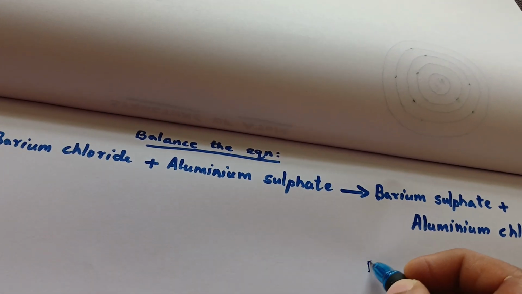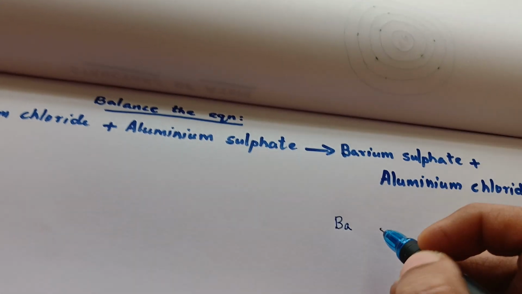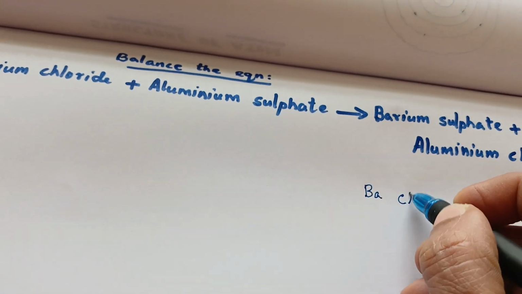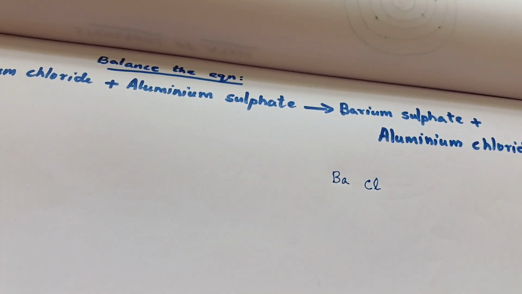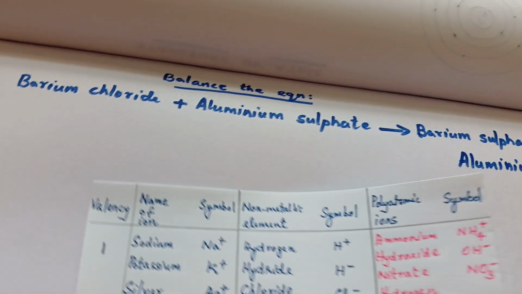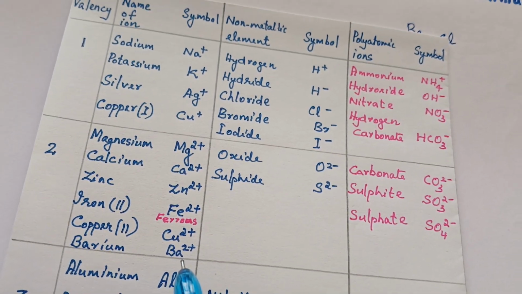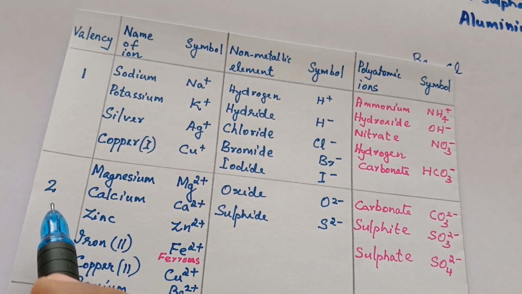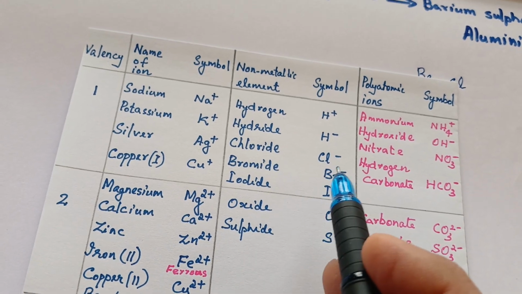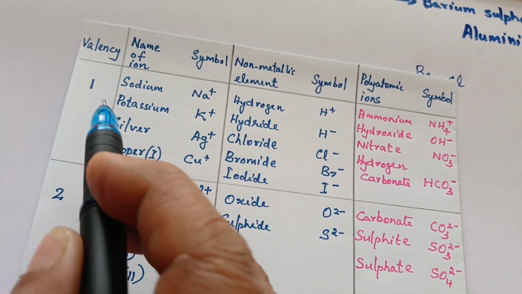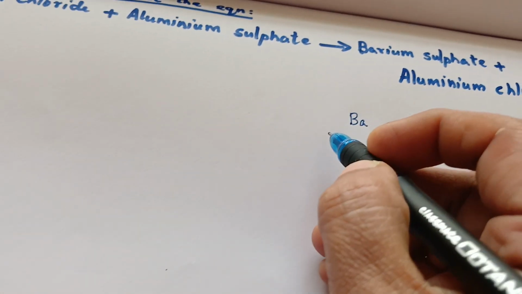Let us write the symbol for barium, and Cl, chlorine. Let us look up the valency of barium. Barium has a valency of 2, and chlorine or chloride has a valency of 1. So we will write their valencies under their symbols.